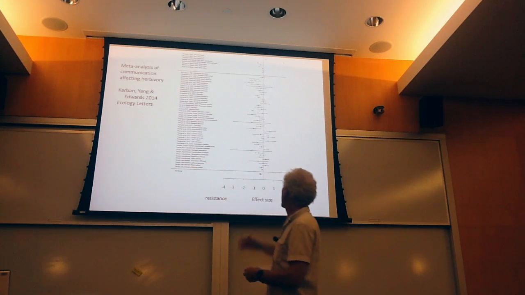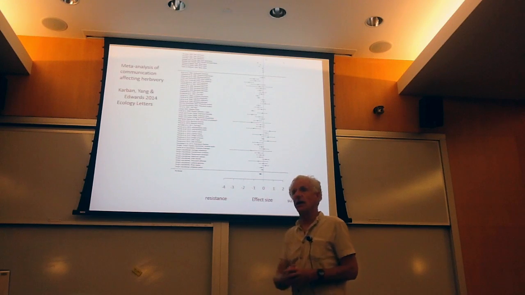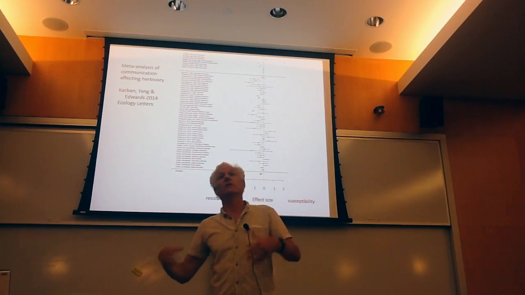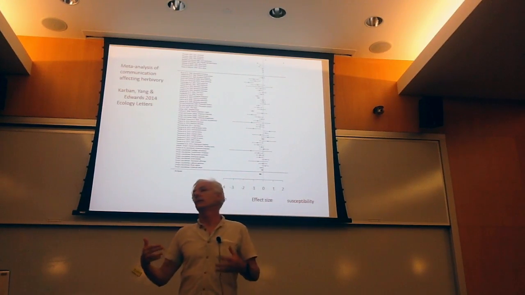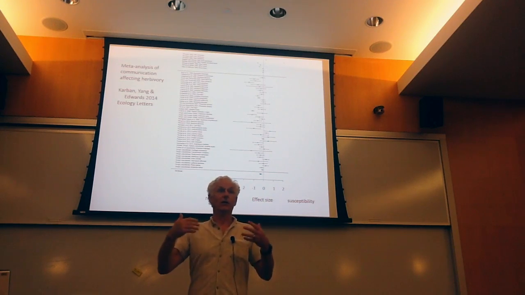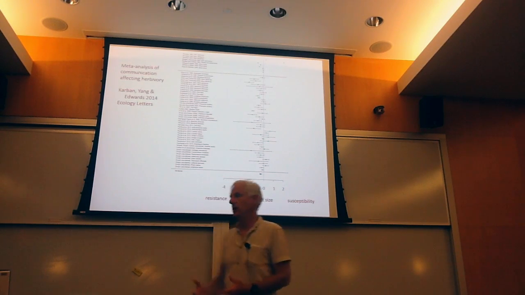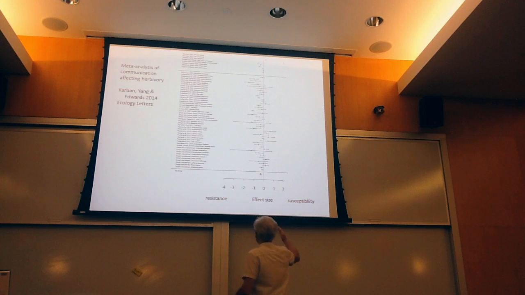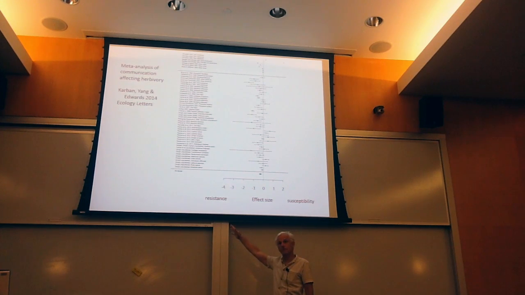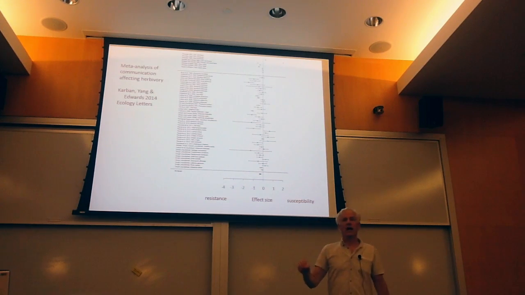But now that these experiments have been done more rigorously on a lot of different species, I think you can see that many species show this kind of communication that results in greater levels of resistance without them actually being damaged, just if their neighbors have been damaged.